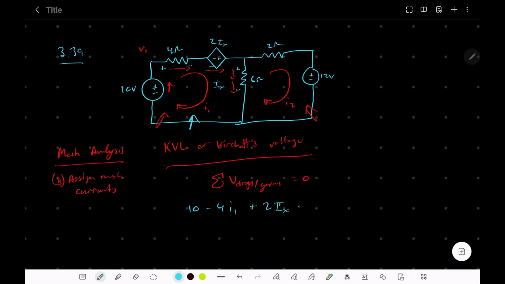and then minus 6 times I1 minus I2. So these two currents are opposing each other in the resistor, and so adding up the sum of their drops is going to give us the actual net drop in the resistor.